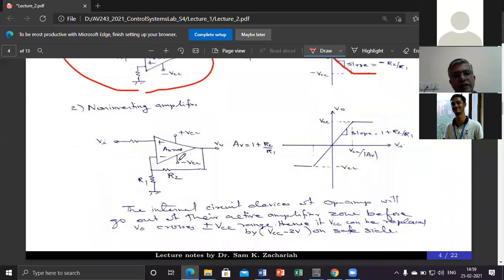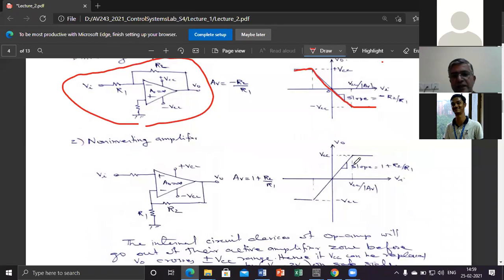Similarly, for the non-inverting amplifier we can get the same, only the slope is positive here. The output is limited to plus VCC, minus VCC. One benefit of this simple nonlinear block is there is no memory within this circuit.